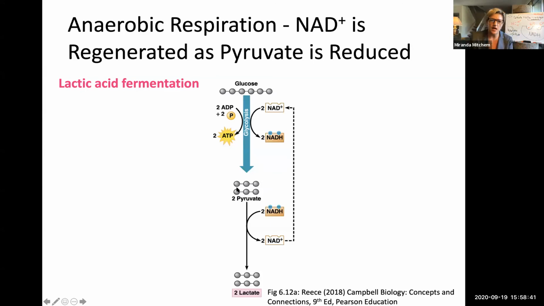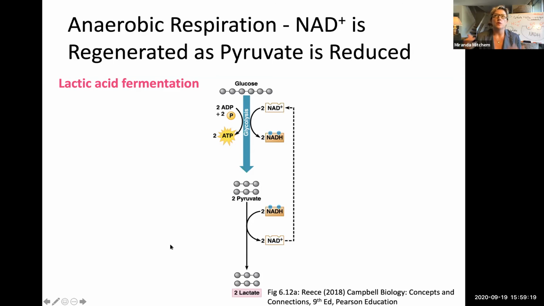And so now let's look at this second part where we need to oxidize the carrier. So we begin with our 2 pyruvate and our 2 loaded NADH molecules. All that happens here is the NADH molecule is oxidized back to NAD plus, and now it is free to be used again and again and again, as long as we go through this step of converting the 2 pyruvate into lactic acid.